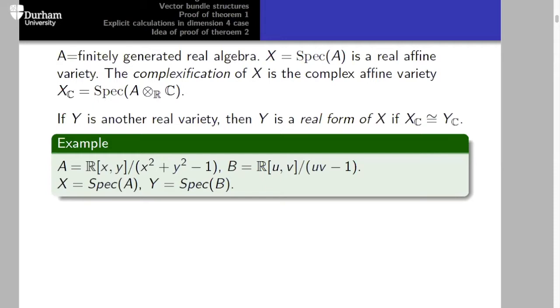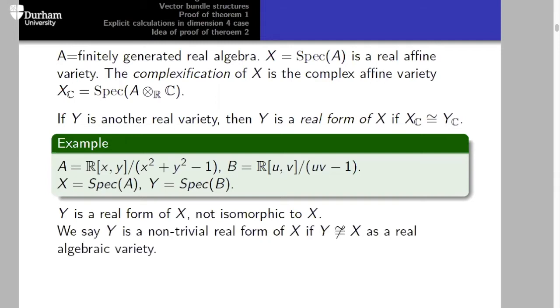So they are not isomorphic over the reals, but if I complexify, they become isomorphic. So we say that Y is a real form of X, not isomorphic to X. We say that Y is a non-trivial real form of X. If this is the case, that means Y is not isomorphic to X as a real algebraic variety, but it is a real form.